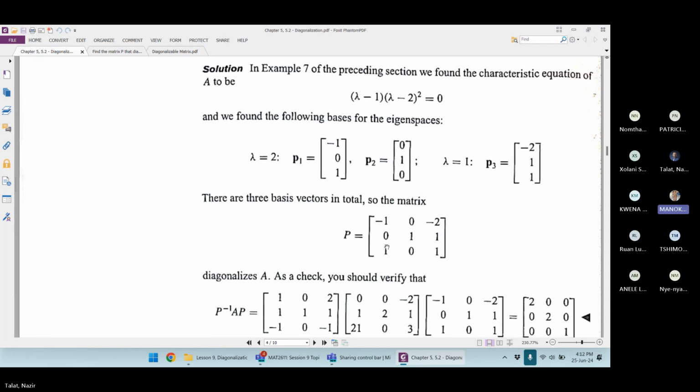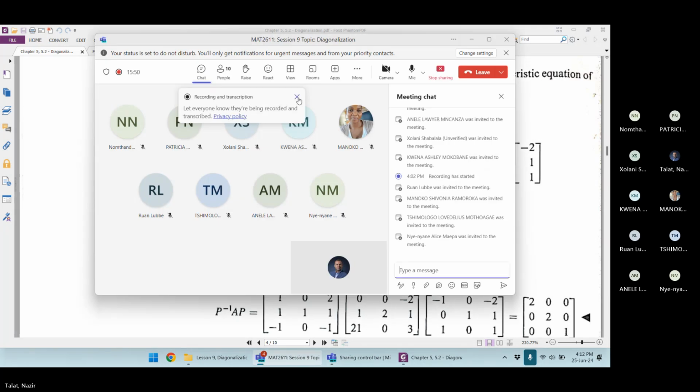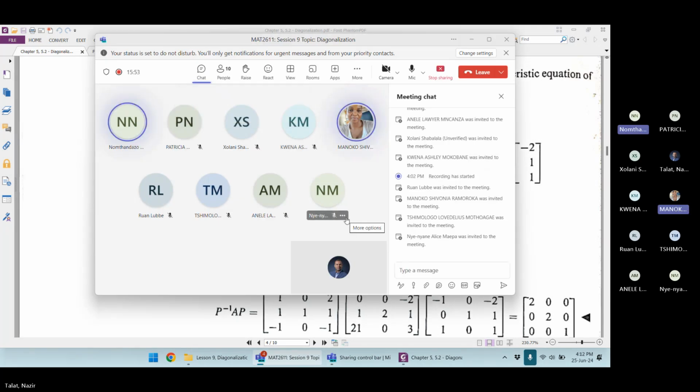Sorry, I can't see the screen anymore. Hello, can you hear me? Yes, we can hear you, but we can't see the screen, the demonstrations. Other guys, can you also not see the screen, because the screen is already shared from my side? No, sir, we can't see your screen.